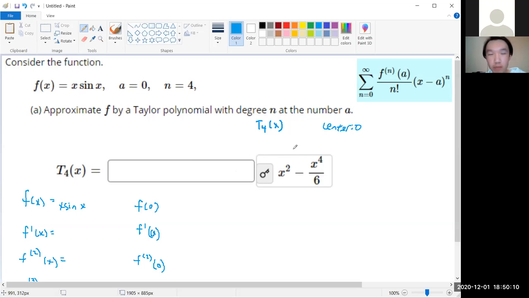The alternative method is to recognize that in this function, x sine of x, there's a particular part where we can use the table that I just gave you. Notice how this function includes sine of x. That is one of the functions included in the most popular Taylor series used in math. So let me go back to that table. Where was it?